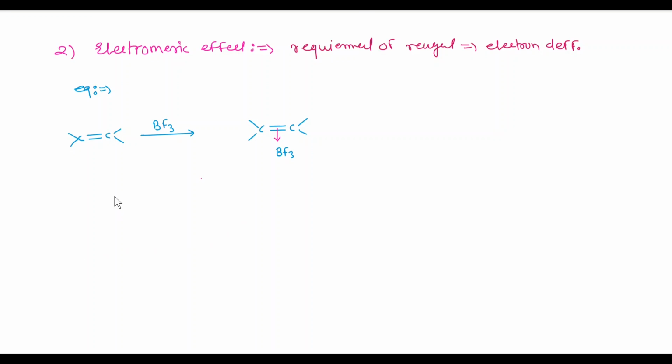This donation of electron density is because of the vacant orbital present in BF3.